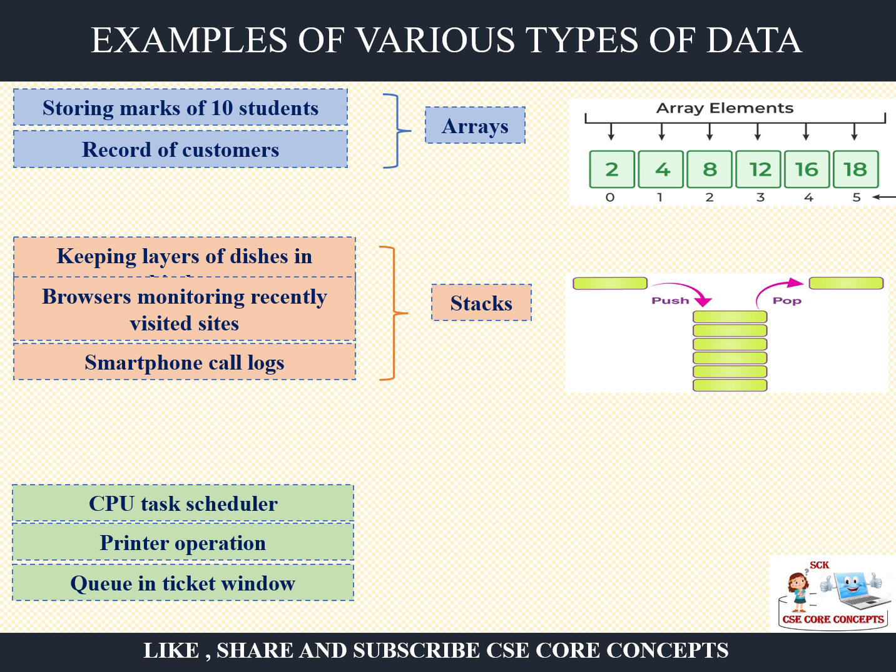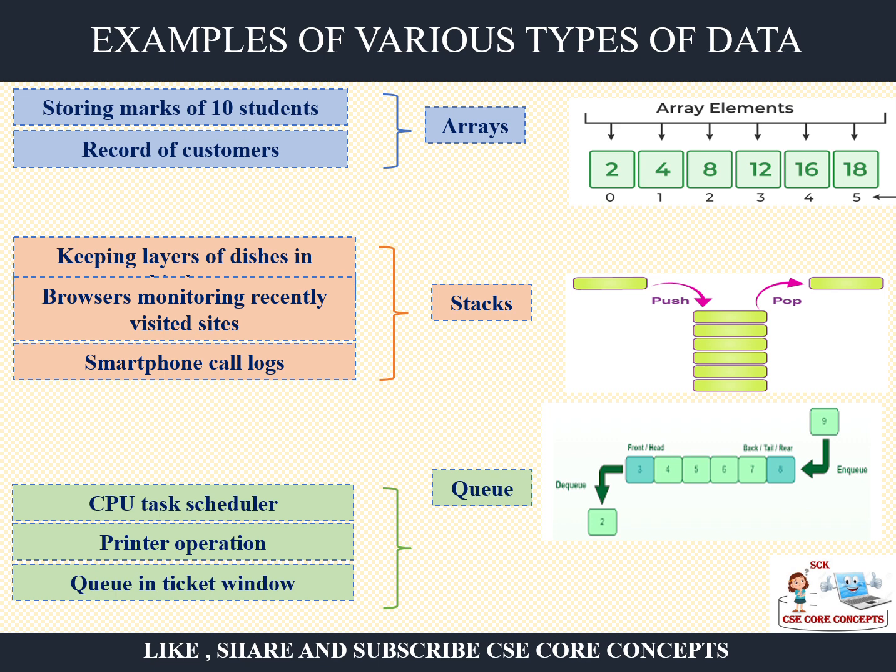Suppose in a printer operation, 5 people are giving print commands. Whose print will be done first? The one who gave the print command first, right? So it is the form of data structure called a queue, where the first who enters gets a chance to work first and the last one will be at the end, unlike your stack.